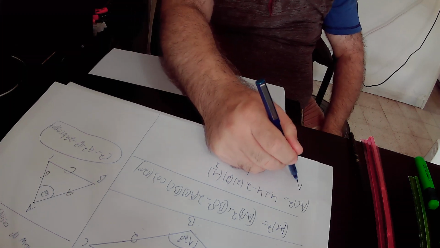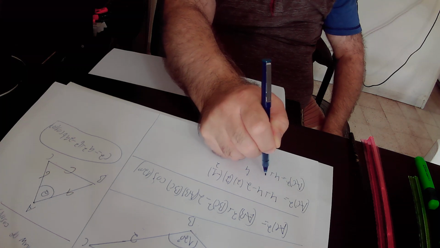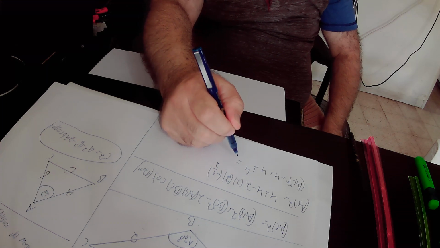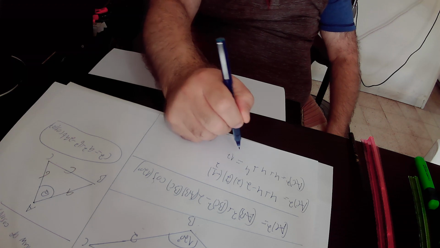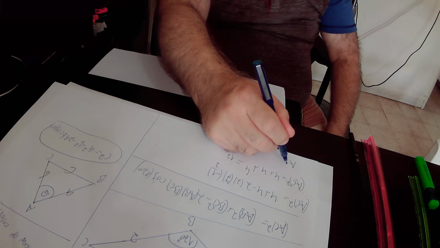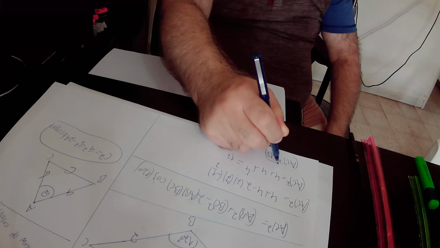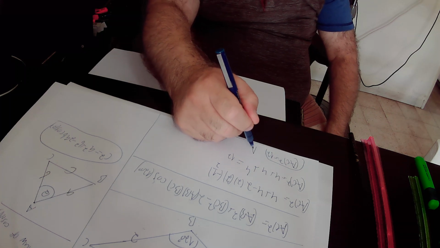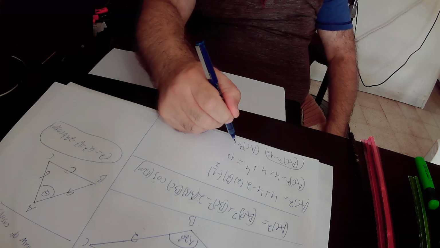So AC squared equals 4 plus 4 plus 4, which is 12. So AC squared equals 12. Here we substitute 12 by 4 times 3, and then AC squared equals 4 times 3.